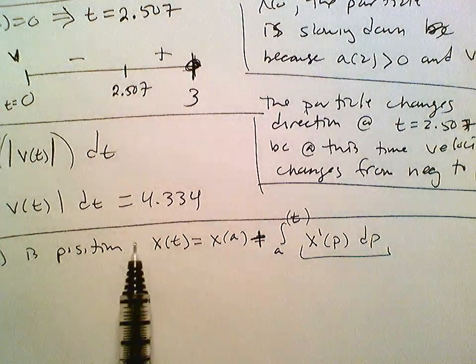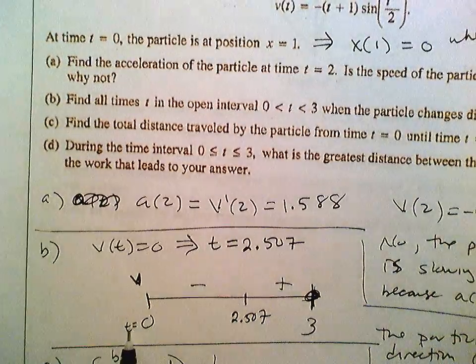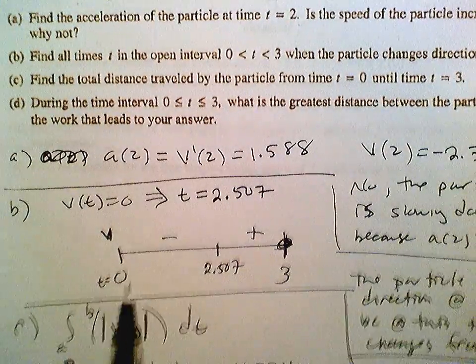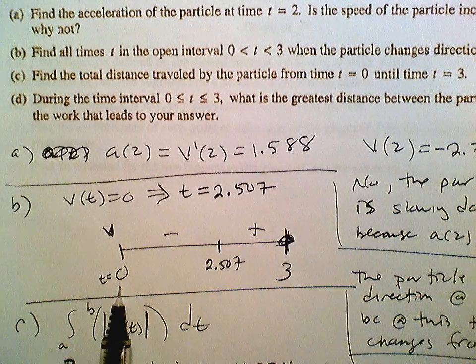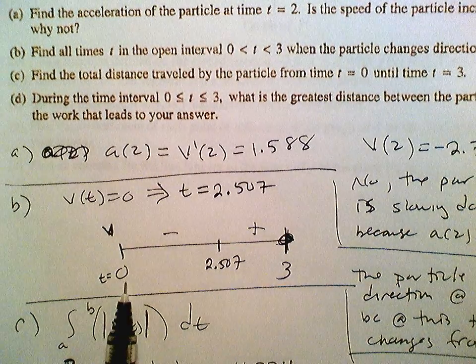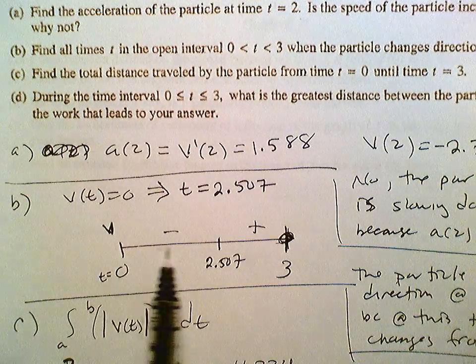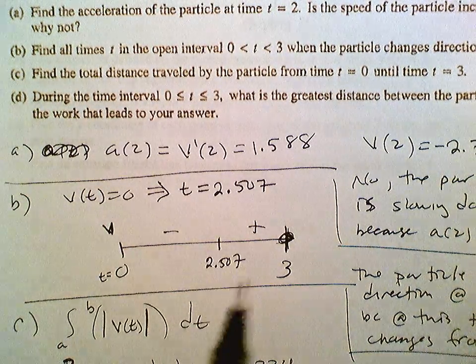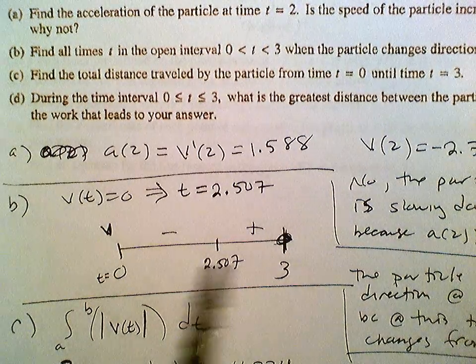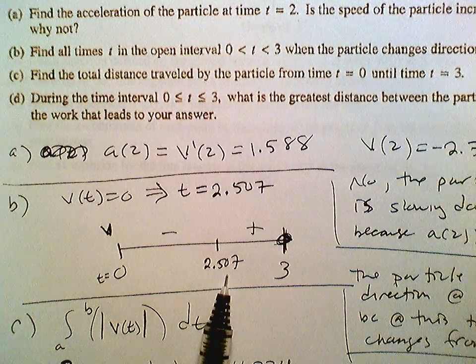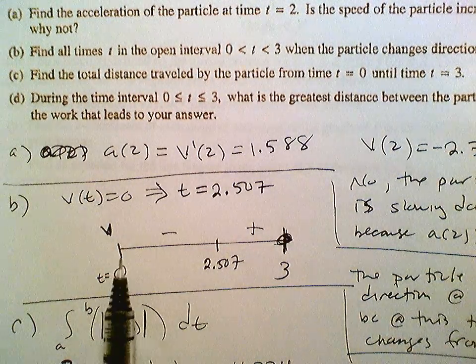So I can find the positions. The velocity at time t equals 0, I'll figure out where I am at that moment. Then the particle moves left, left, left, and then stops at this point here. So this would be a good time to know the position at, because from here it's just going left.